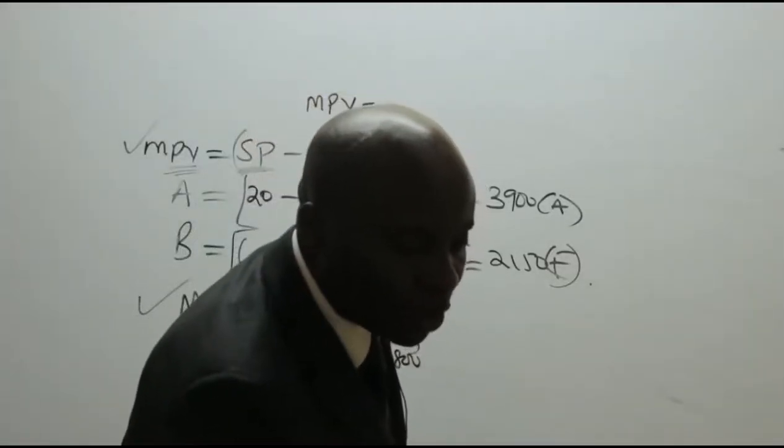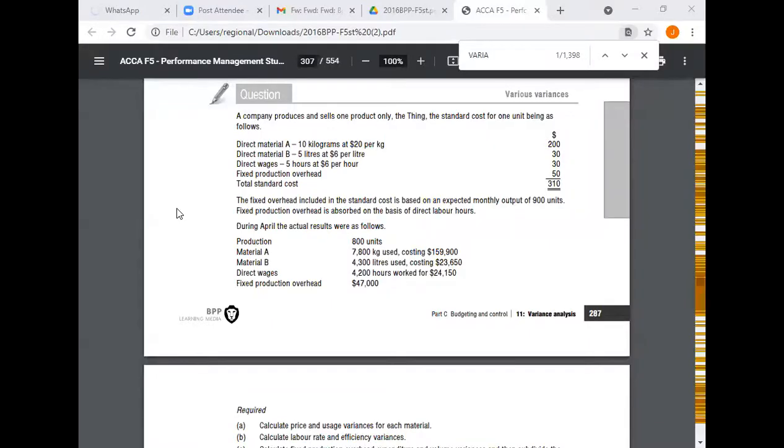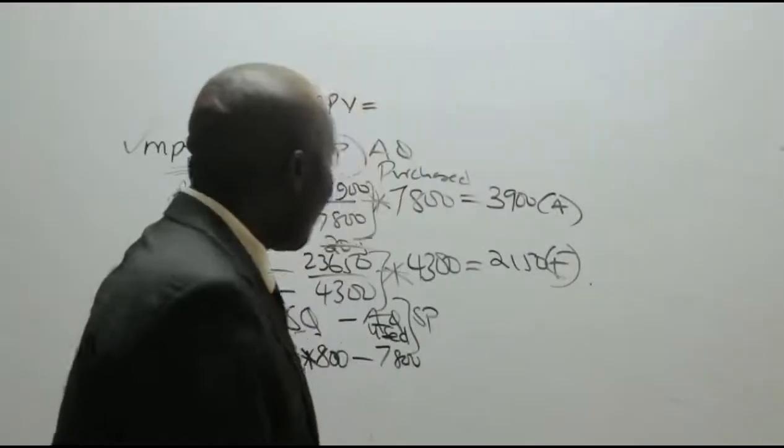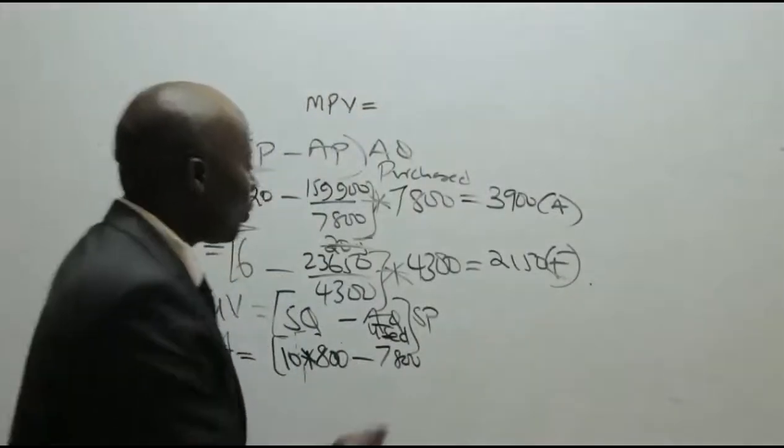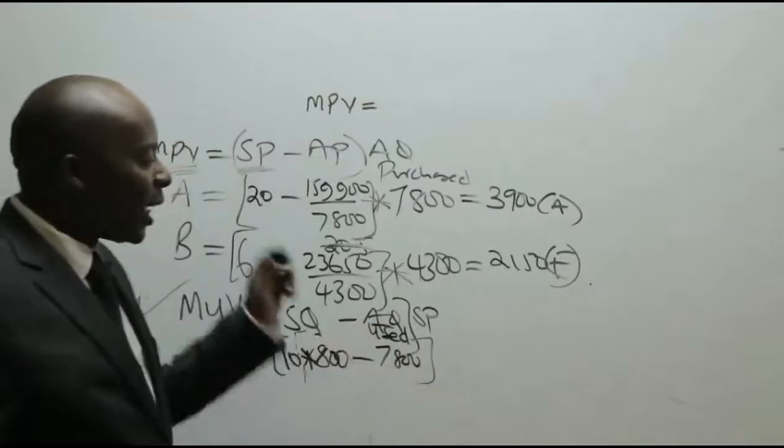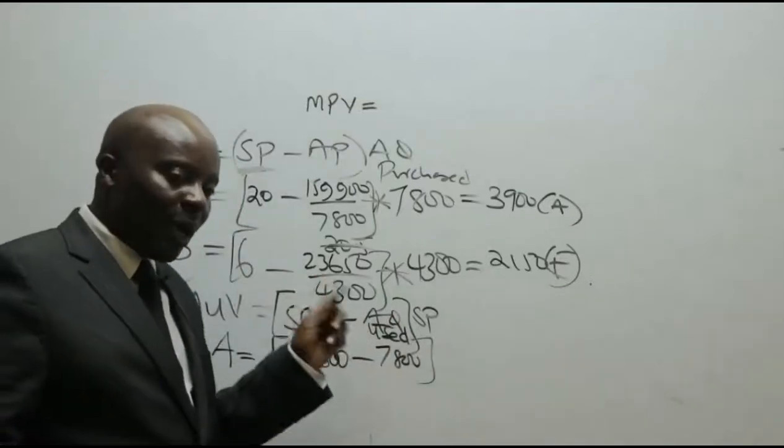For sure, this is the actual information, and I'm able to see the actual quantity of A as 7,800 kilograms. And out here, it is not lost on me that this SP stands for standard price of A per kilogram.